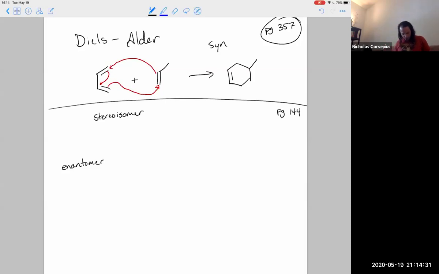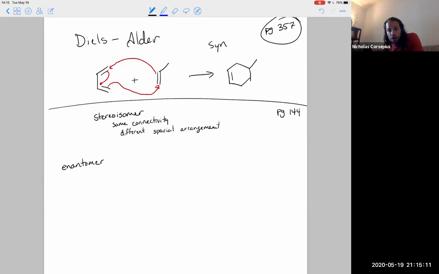There's a bit of a flow chart that represents this well. Enantiomer and diastereomer are not exactly on there. So stereoisomers are isomers that have the same connectivity, different spatial arrangement. Okay, so a good example of something that is not a stereoisomer would be a tautomerization, right?